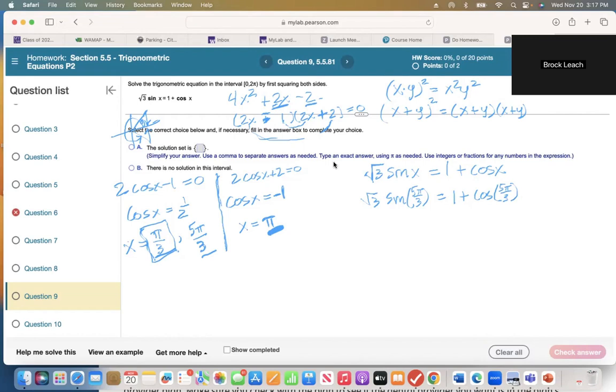So we're in the fourth quadrant there. The sine of 5 pi over 3 is going to be negative root 3 over 2 multiplied by root 3 over 1. So this is negative 3 halves. Well, the cosine of 5 pi over 3 is still 1 half. And 1 half plus 1 is 3 halves. And so we see these are not equal. So 5 pi over 3 is not one of my solutions.